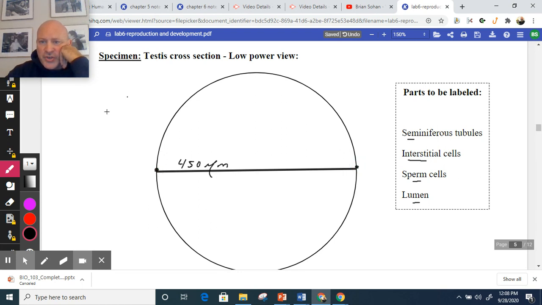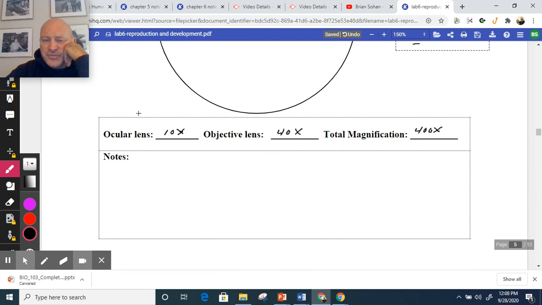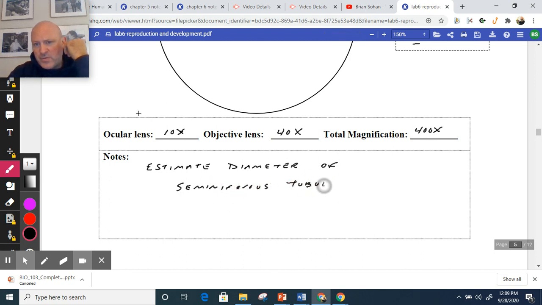When you draw your seminiferous tubules in the note section down here, what I would like you to do is estimate the diameter of the seminiferous tubule. Again, of course, your units are going to be in micrometers.